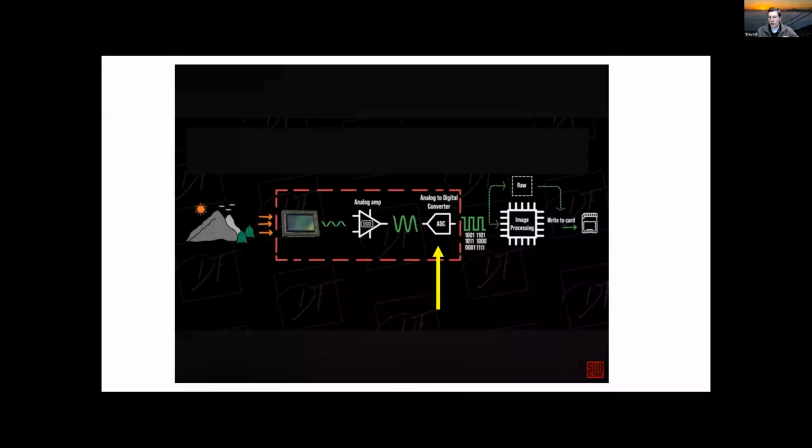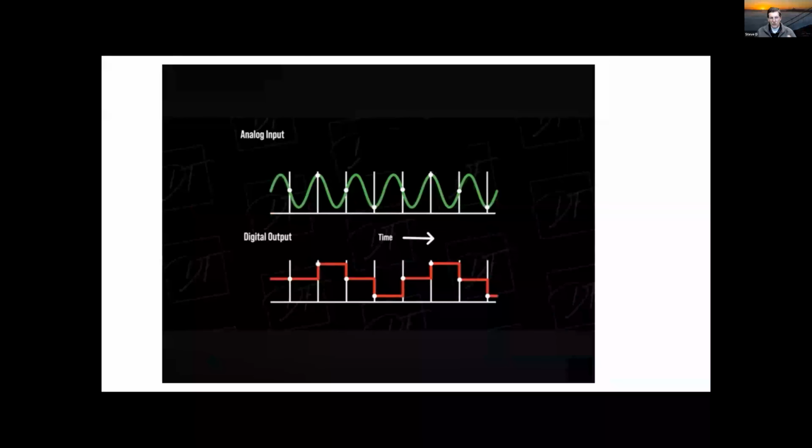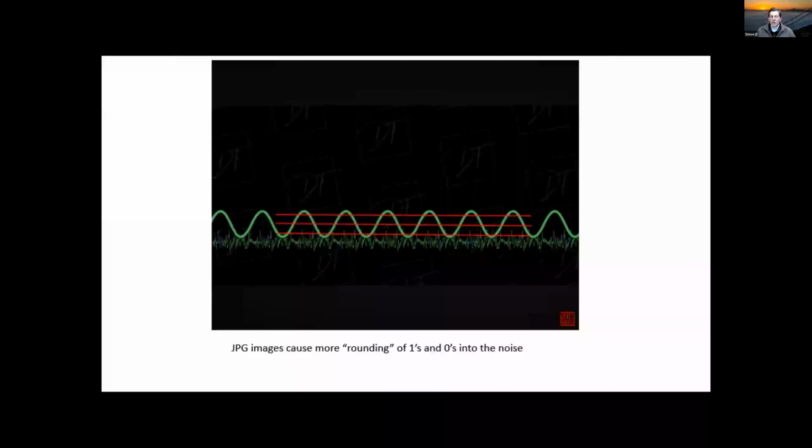So for instance, here, we have this analog signal, and we need to either choose to make it go up or to go down. And that's the only choices we have as a computer to do this rounding, to turn something into ones and zeros. So if the signal happens to be close to the noise area, going down to a zero closed circuit, we end up down into the noise area. We start seeing more noise.